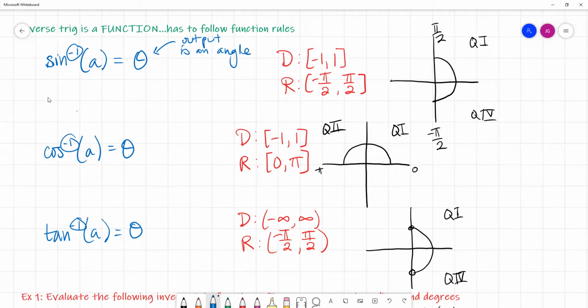That's just notation. We're never going to raise trig functions to a -1 power in this class, so don't worry about mixing the two up. Whenever you see to the -1, that means it's the inverse function.